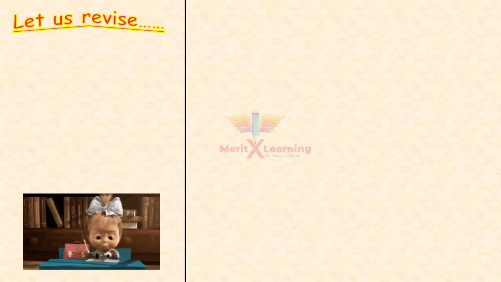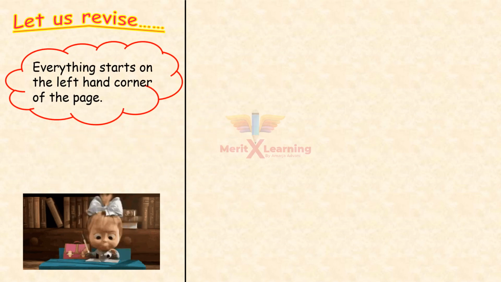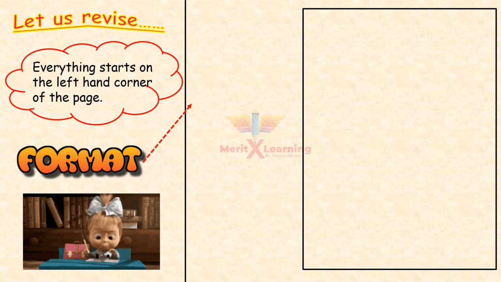Now let us quickly revise what we have learnt till now. Remember, everything starts on the left hand corner of the page. Here is the format of the letter. Okay, this is the page and let us see the format.